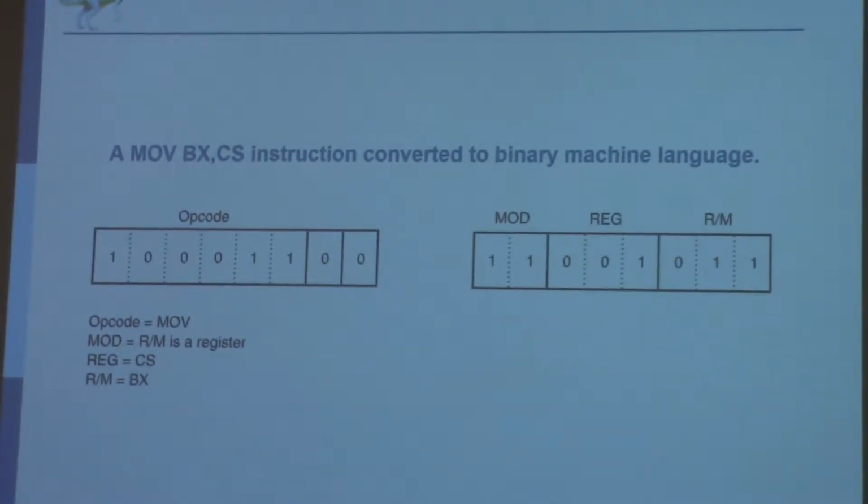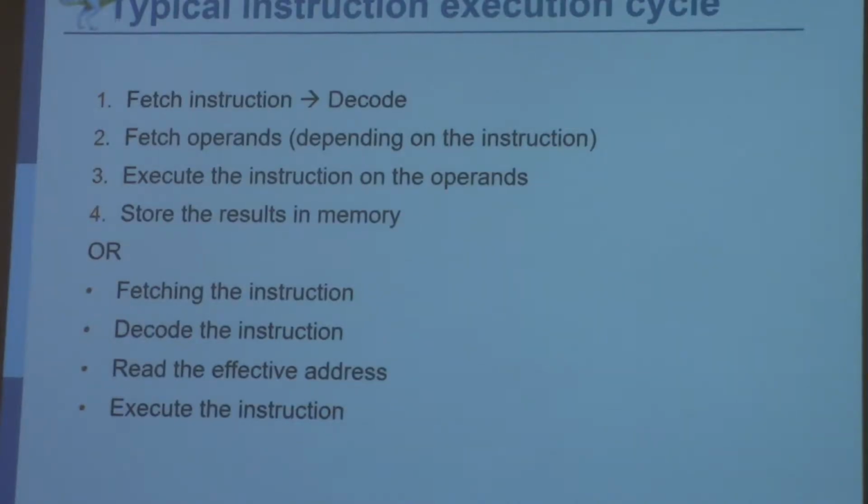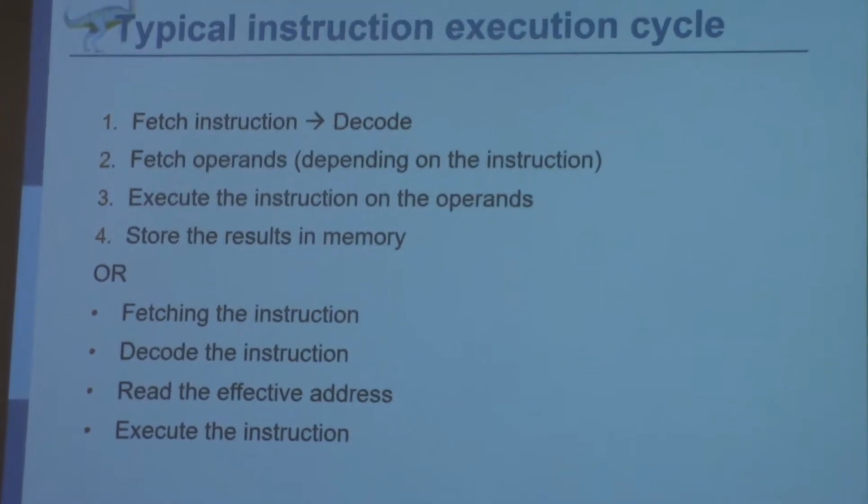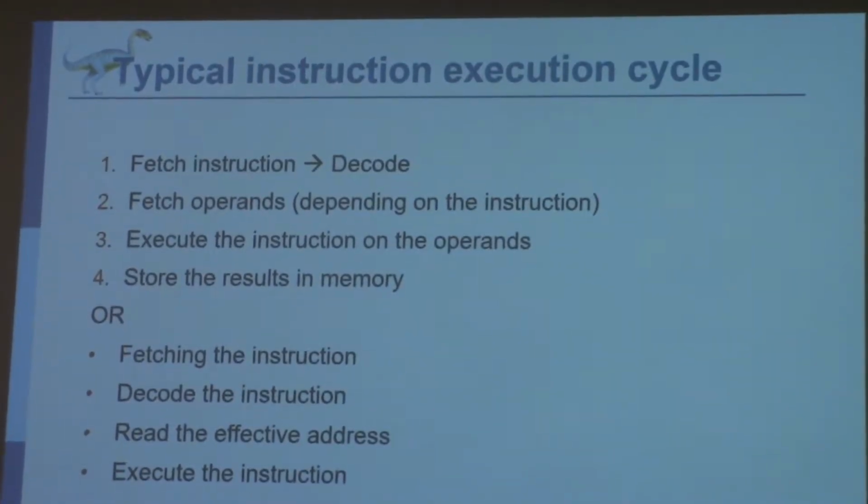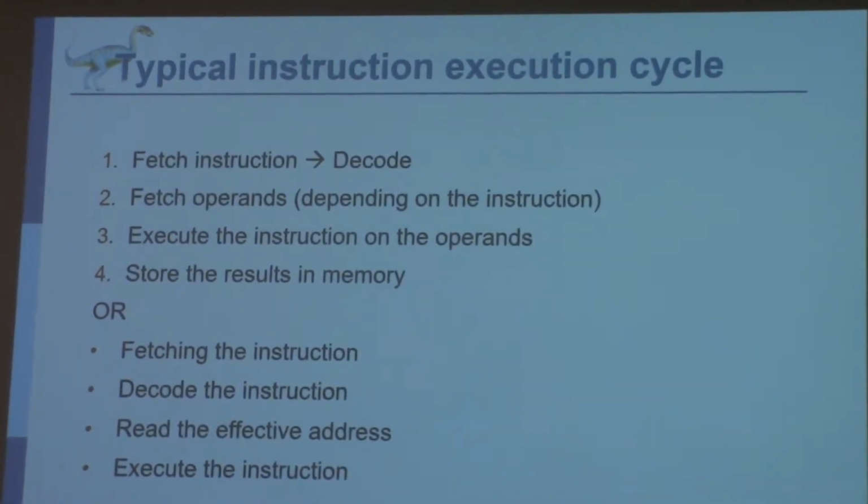Okay, so this is one of the examples that I showed, but I don't have to explain the details. When we process such an instruction, there are different types of process steps. Mostly, when we get the instruction from the memory to the register in the CPU, that's called fetching the instruction.